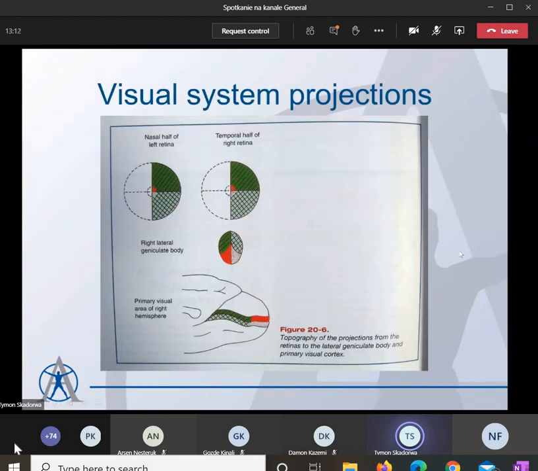Now, to be really detailed and specific, we should say that in fact there are no two parts of the nasal retinas, but in fact there are quadrants. So each retina is divided into 4 distinct quadrants, and what is more, there is a peripheral portion and a central portion, which is also divided into quadrants.